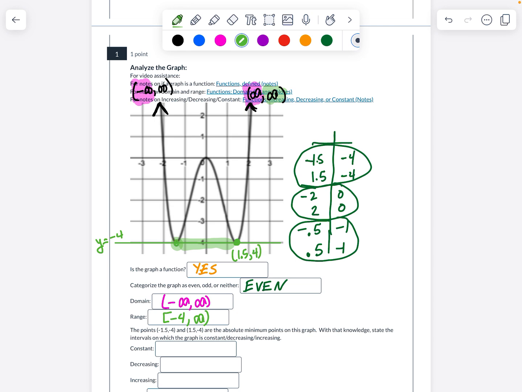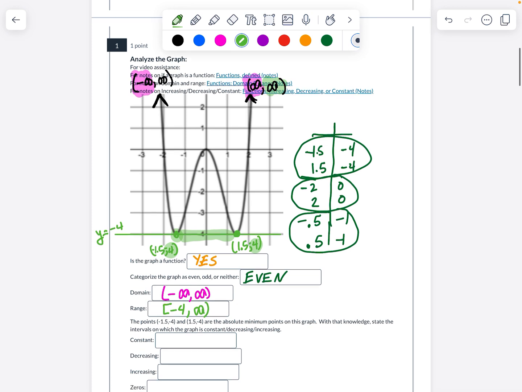And this point right here was -1.5, -4. So the smallest value was -4. And then I did tell you in the problem that those points are on the graph because it wasn't obvious. I was afraid that people would get irritated at that.